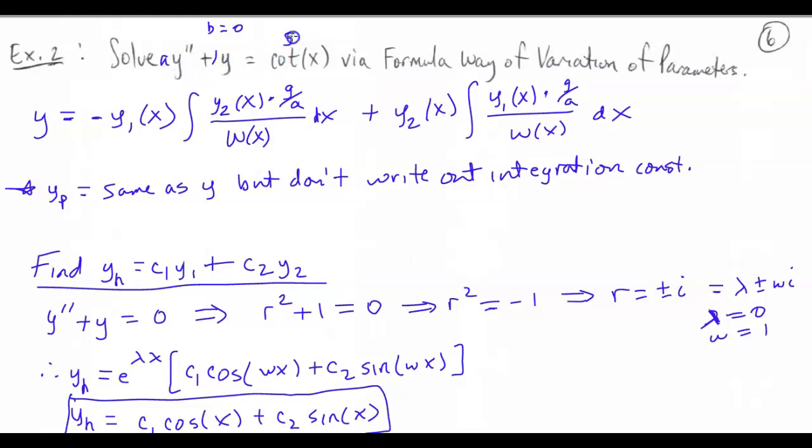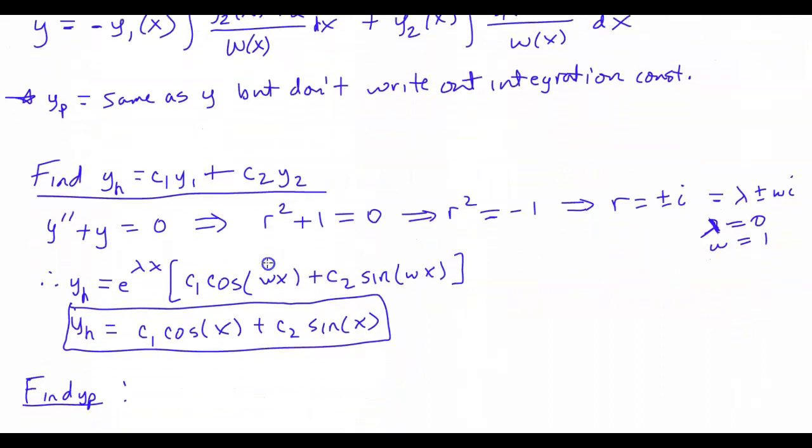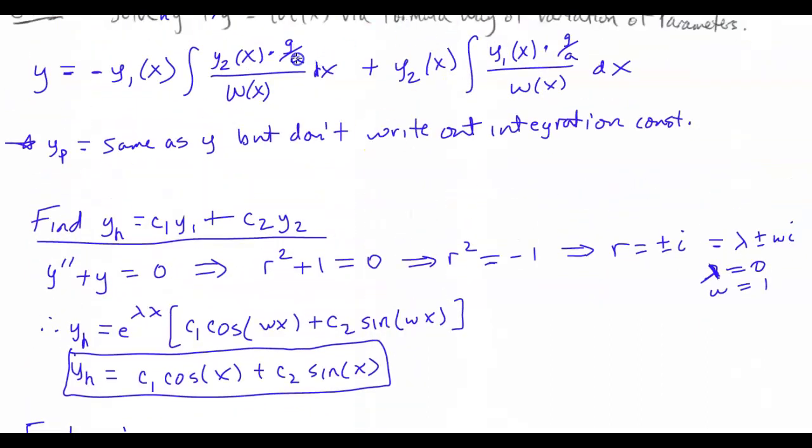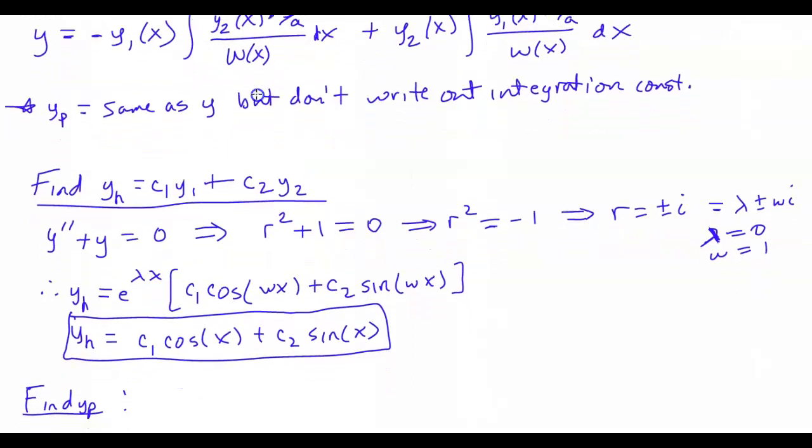So here I have basically cotangent of x divided by 1. So I know that my g over a in this case is going to be cotangent of x. Okay, so we need to identify what that is, as well as the y sub 1, y sub 2, as well as what our Wronskian expression will be. So we're going to specifically identify these and then use it in the formula.